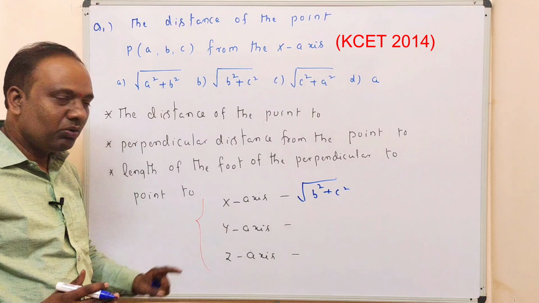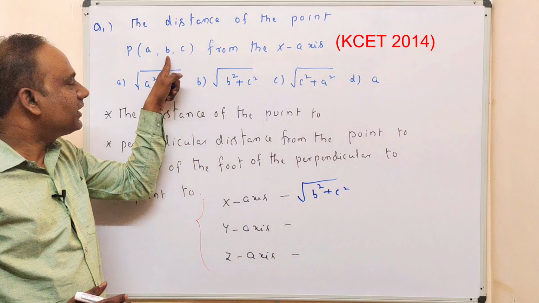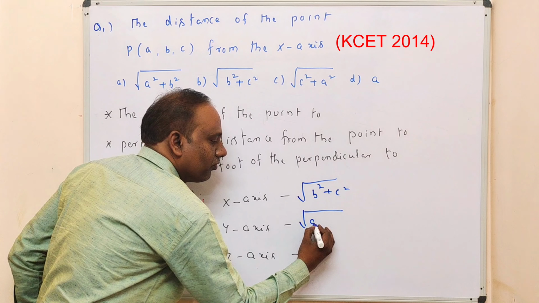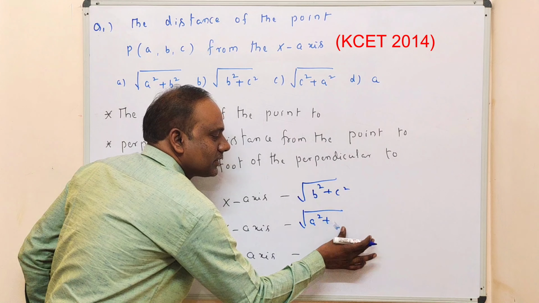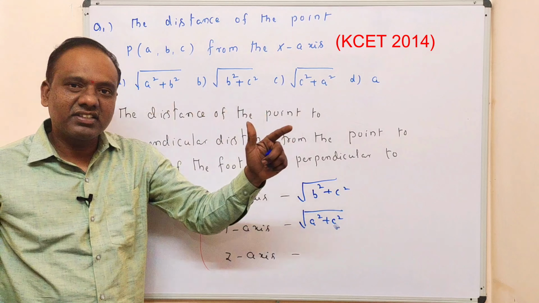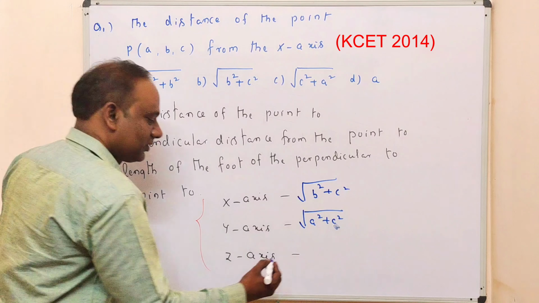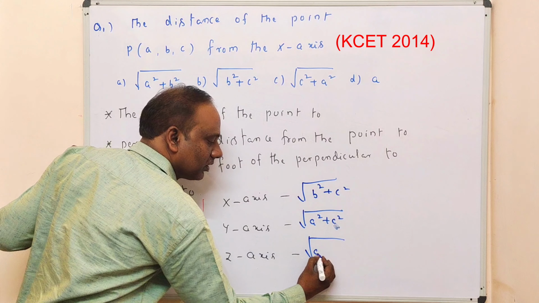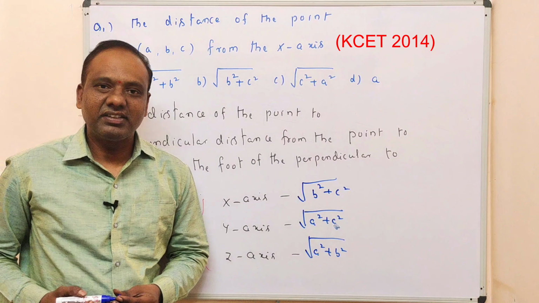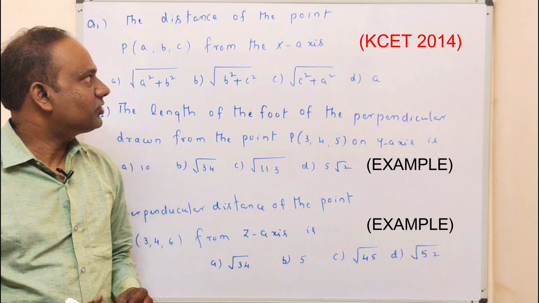Now the distance of the point to the y-axis: leave the y coordinate, root of a square plus c square. The distance of the point to the z-axis: leave the z coordinate. So that's it.